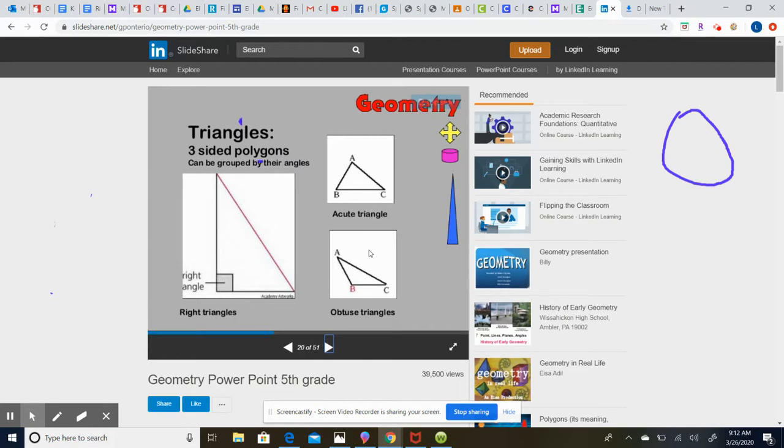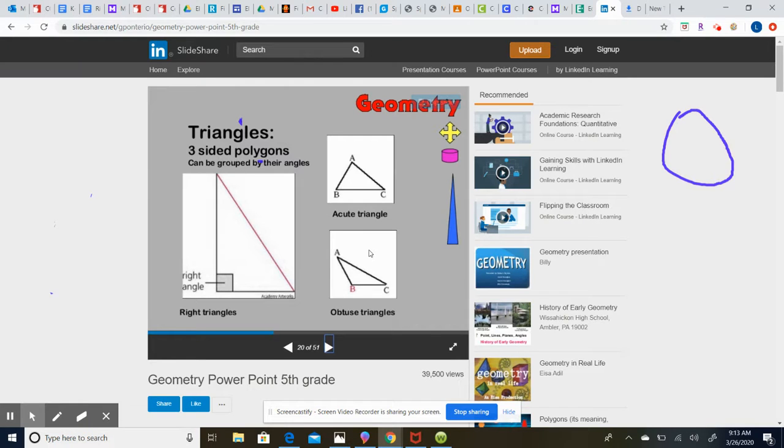Now, everything above and below that are going to be made up of acute and obtuse. So anything below 90 degrees, so 89 to 0, is going to be acute. They're very small angles. And everything above 90 degrees, so 91 to 180, is going to be obtuse angles.